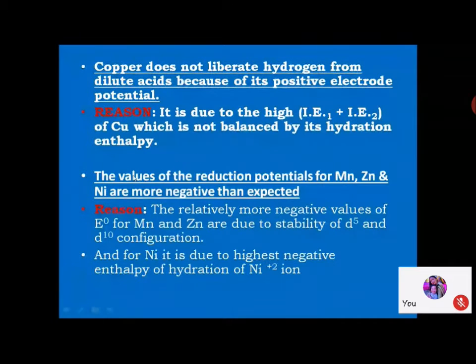Now next, the values of reduction potential for manganese, zinc and nickel are more negative than expected. What is the reason? Copper's is positive, but for manganese, nickel and zinc it is more negative than expected.